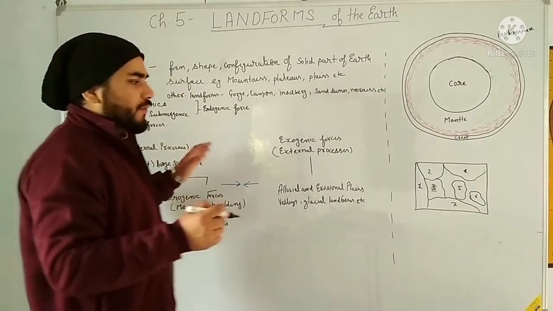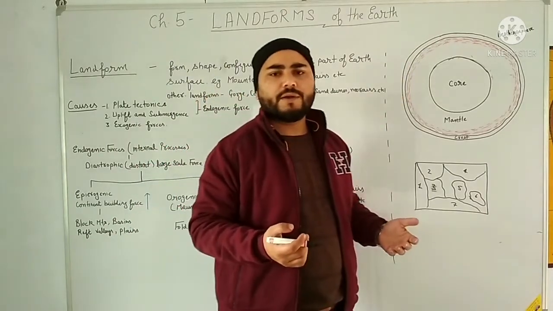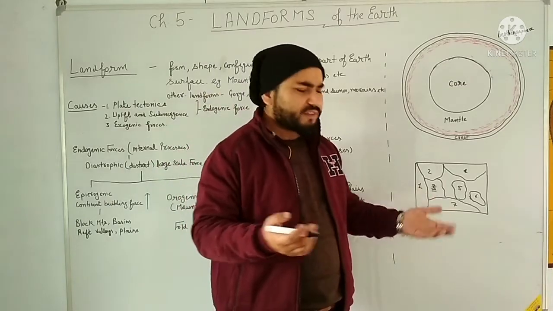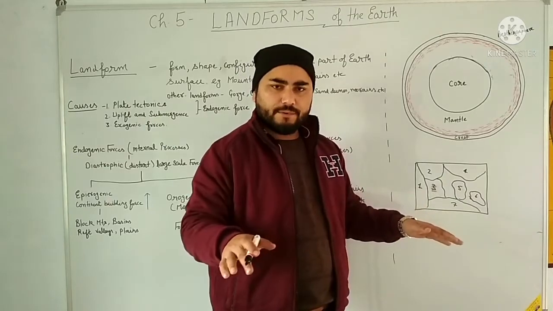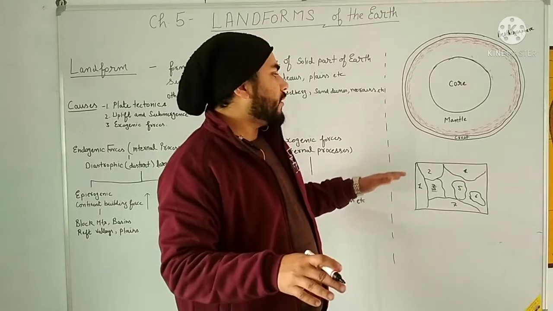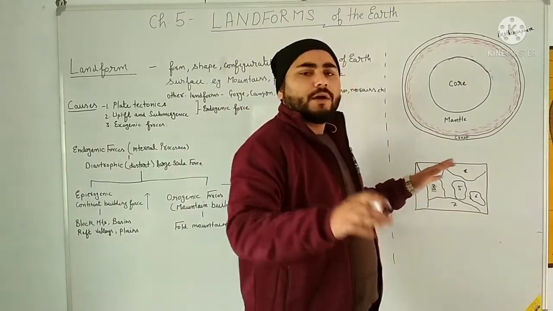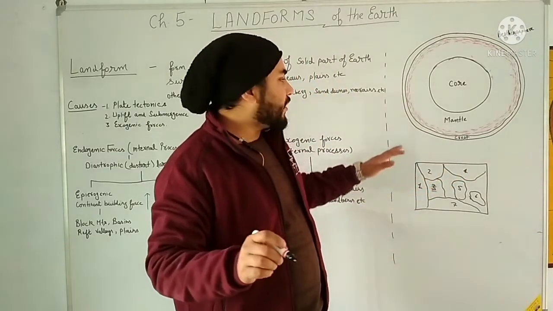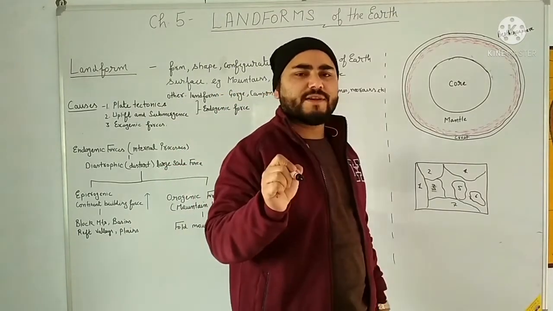Those cracked slabs of crust, or plates of the earth, are called tectonic plates or plate tectonics. What is a plate? A plate means a slab, like a slab in our home. It is a hard, solid slab formed by the earth's crust because of the cracks generated on it.